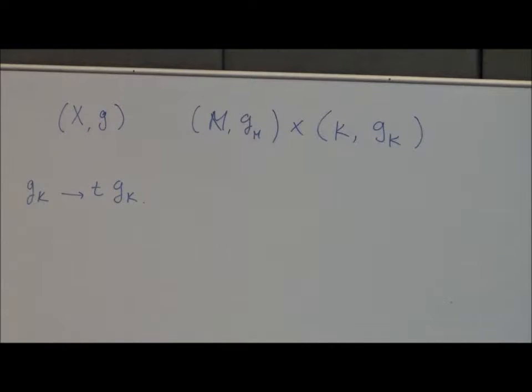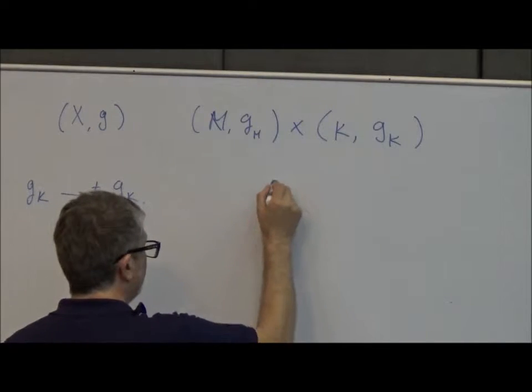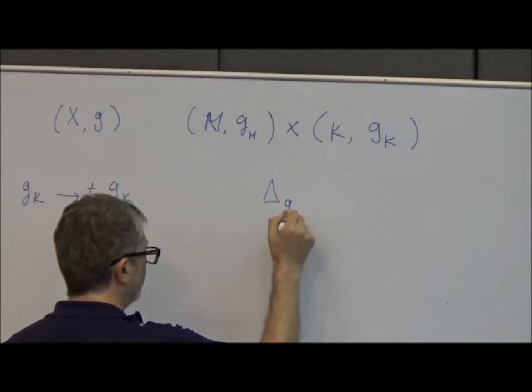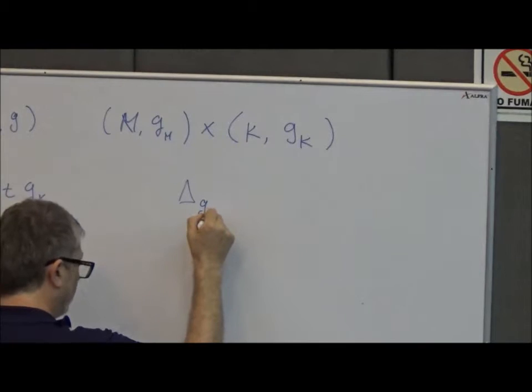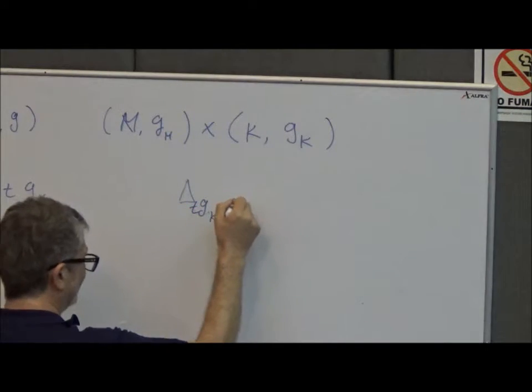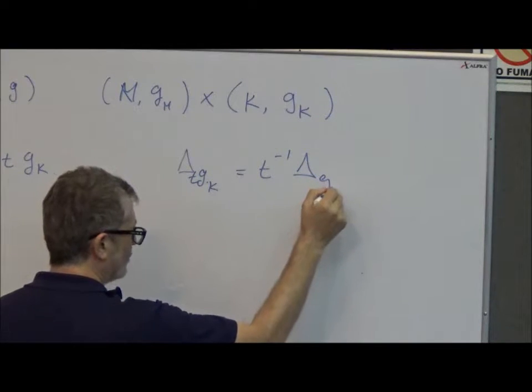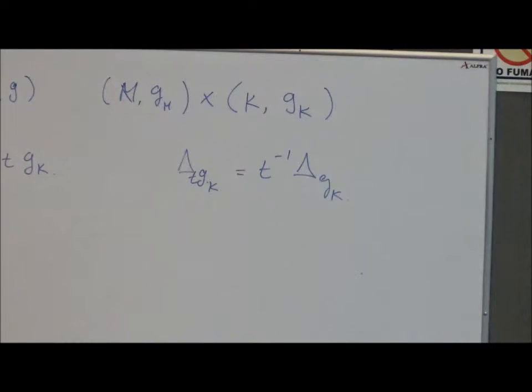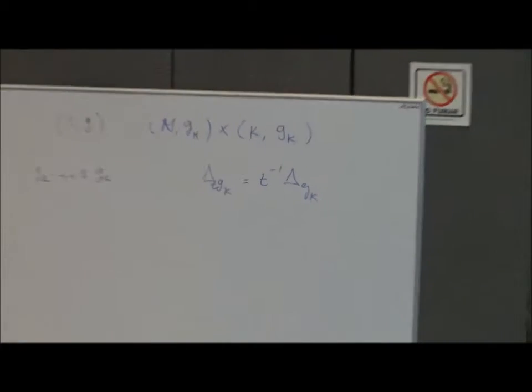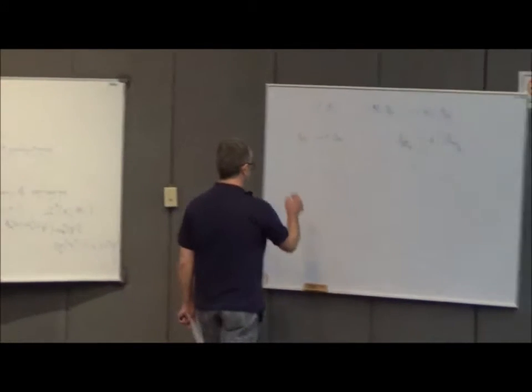What happens? 1 over T. So we have D of G K T is equal to T to the minus 1 D of G K. That's lovely, I plug it into there.